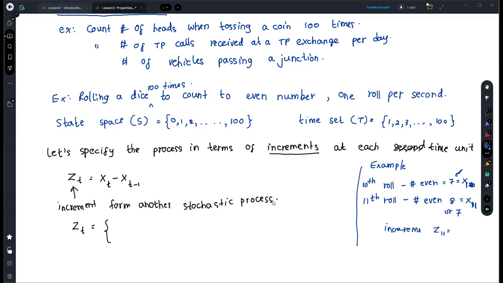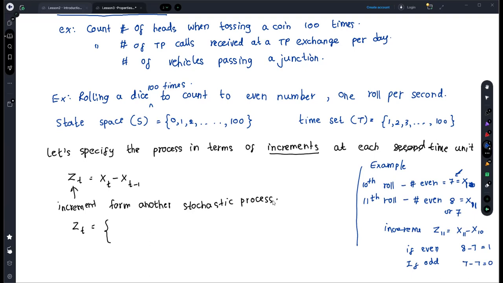Z11 will be X11 minus X10. So if you got an even number, you'll have 8 minus 7, so 1. That is if you got an even number for the 11th roll. If you got an odd number, then you cannot increment. So still 7, 7 minus 7, 0.